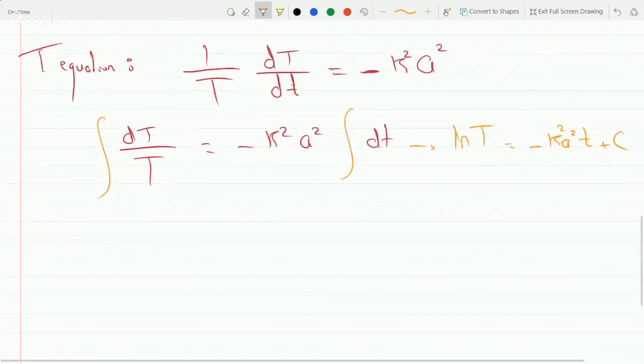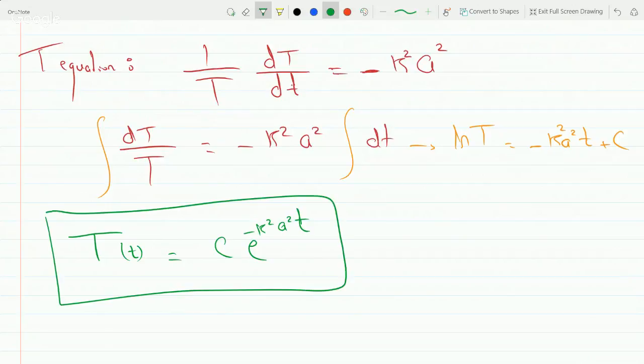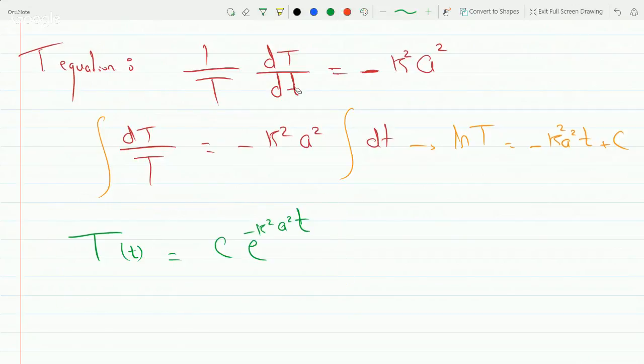So that means the T equation as a function of t will equal C e to the minus k squared a squared t. So this is the temperature equation.